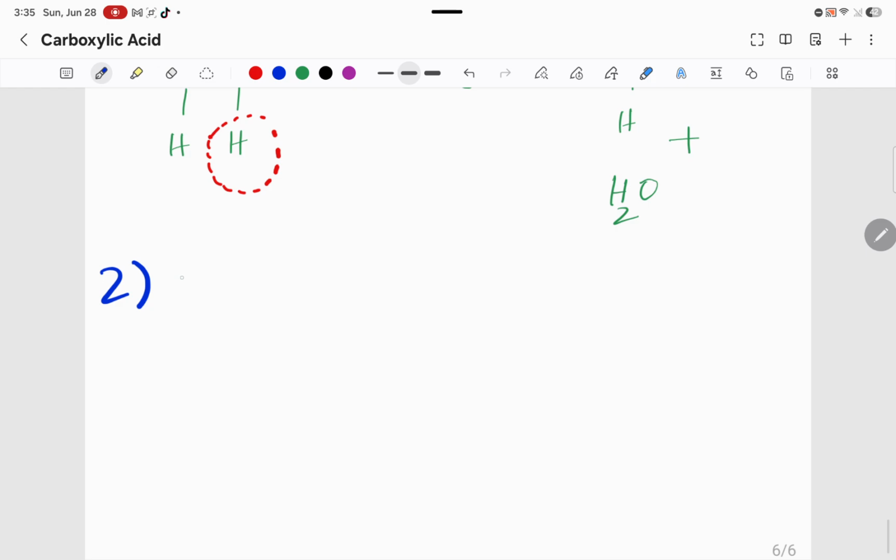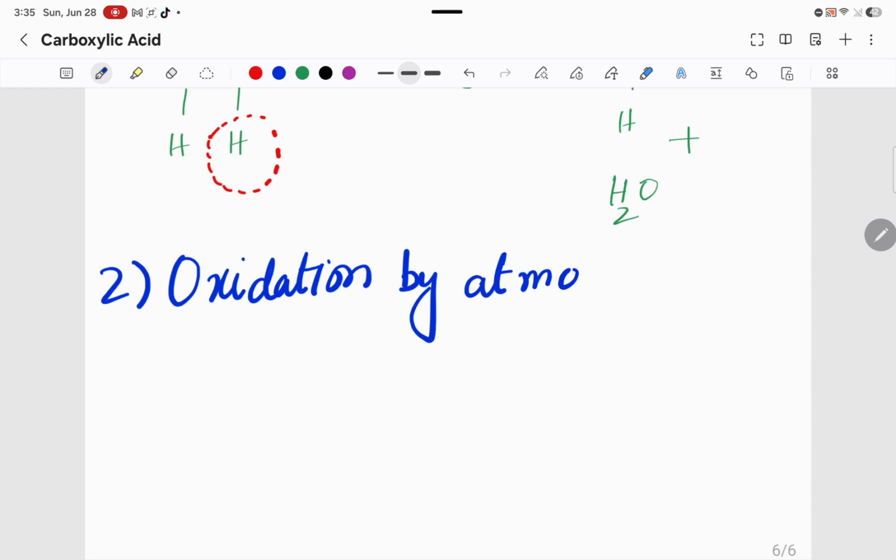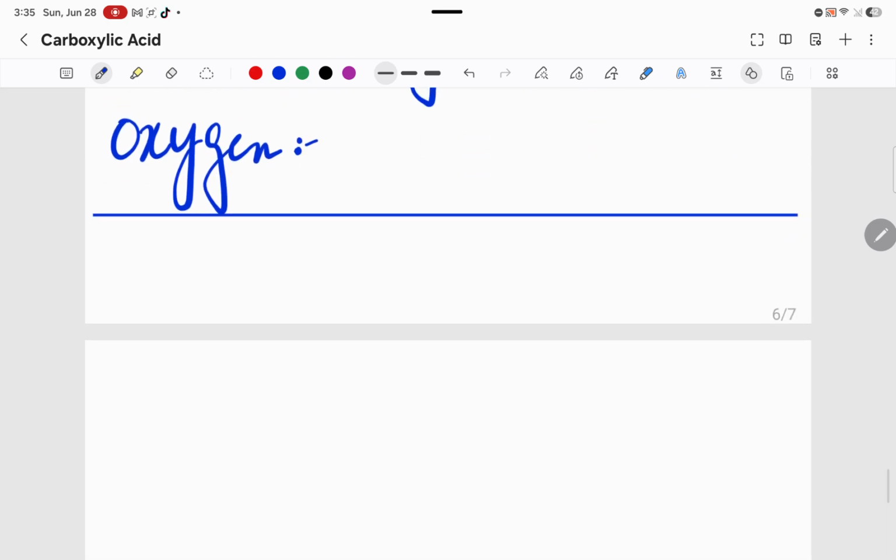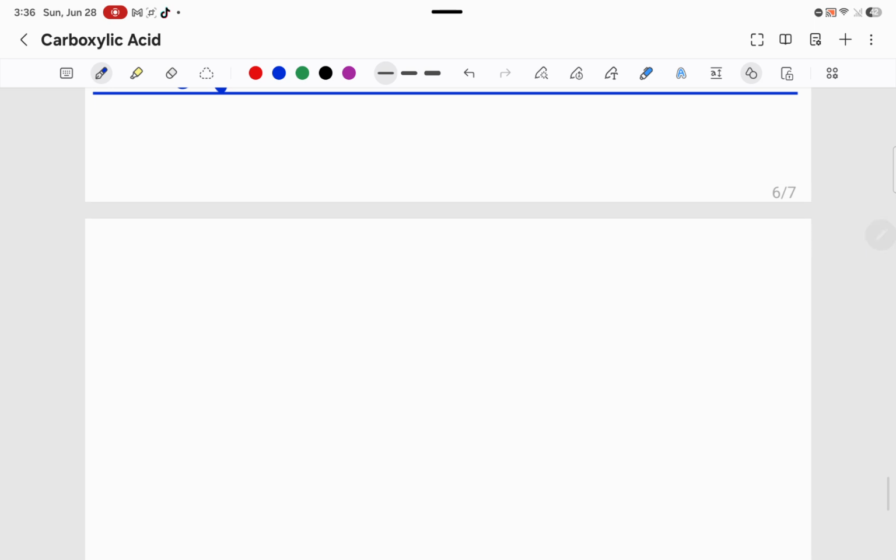The next preparatory method is called oxidation by atmospheric oxygen. Okay, so the equation is almost the same. The only difference is that now we are not going to provide the oxidizing agent.